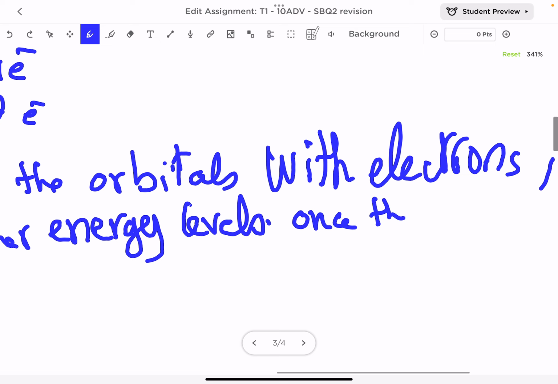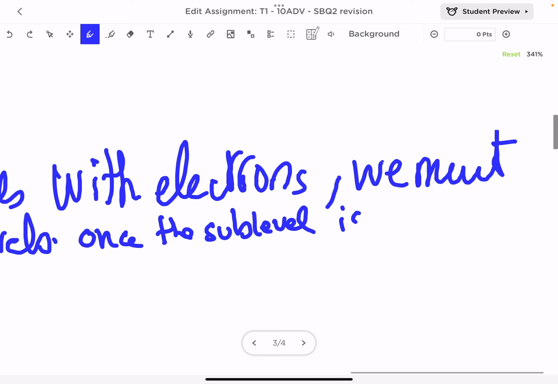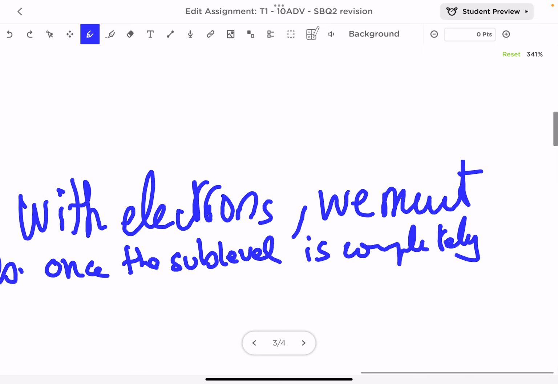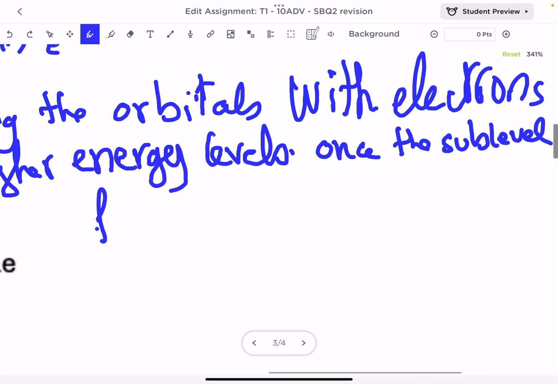Once the sub-level is completely full, we move to the next one.